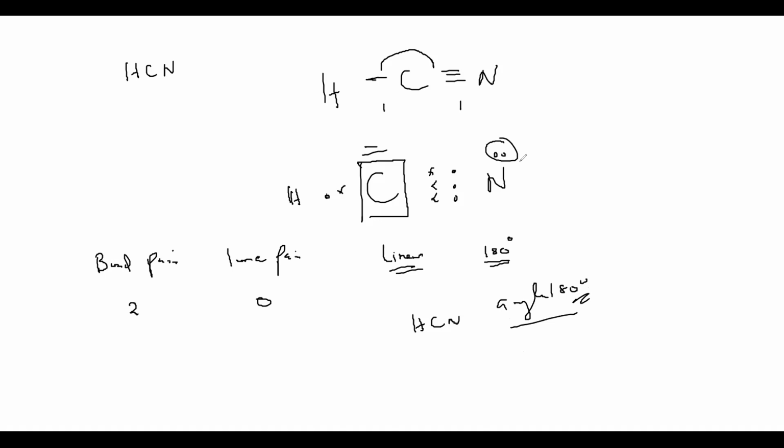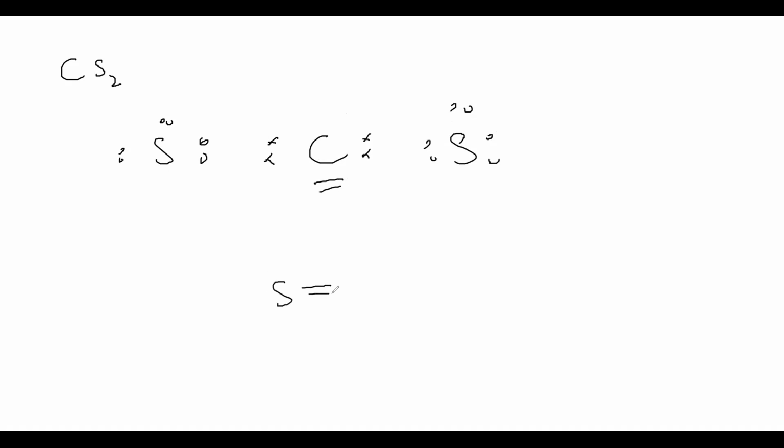Whenever you're predicting a geometry, take another example, carbon disulphide. Carbon belongs to group 4, so it will share 4 electrons. Sulfur belongs to group 6, so it will share 2 electrons, and 4 will be unshared. When I predict the geometry, carbon is the central atom.